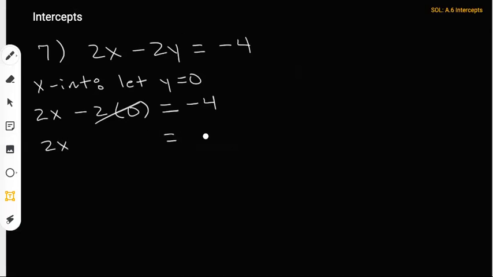I get 2x is equal to -4. And then I can divide both sides by 2. When I do that, the 2's are going to cancel out on the left side, and I'm going to be left with x is equal to -4 divided by 2. And that's going to be -2.